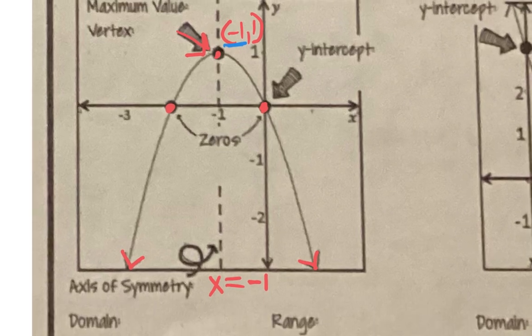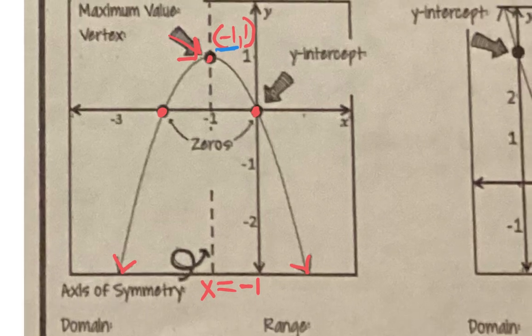Scroll up just a little bit. Domain and range. Domain is the set of all of my x's on my parabola. The range is the set of all my y's. Let's do domain first. Domain, we're going to go from the left to the right to consider all of the x values of those points.